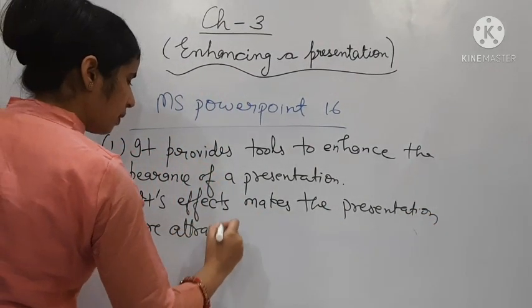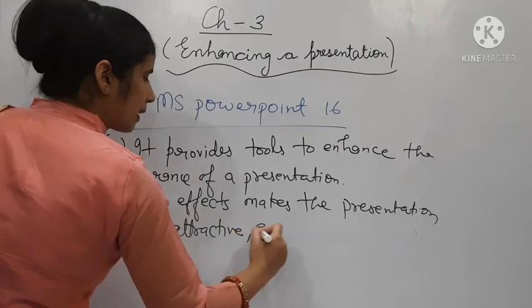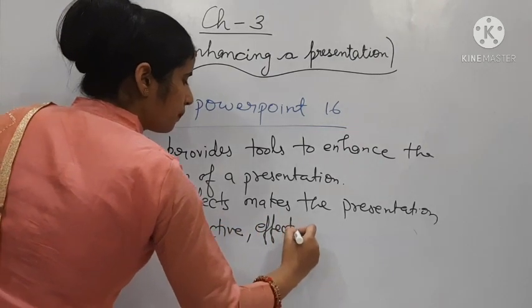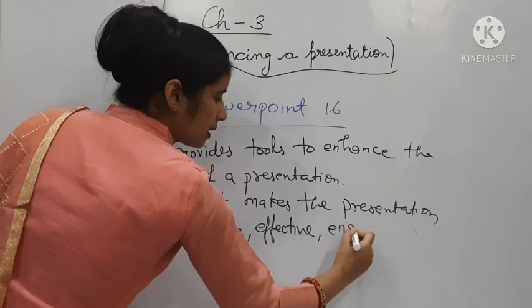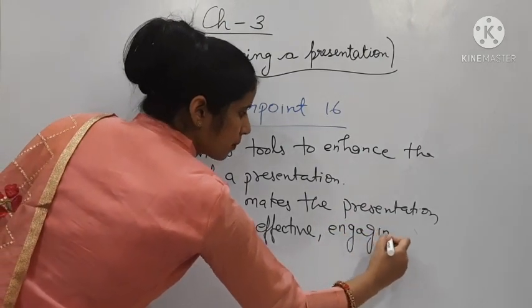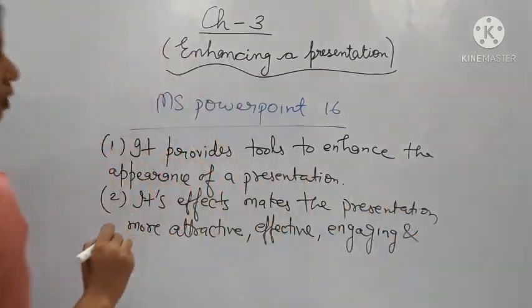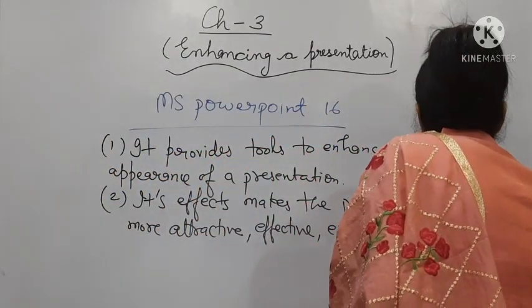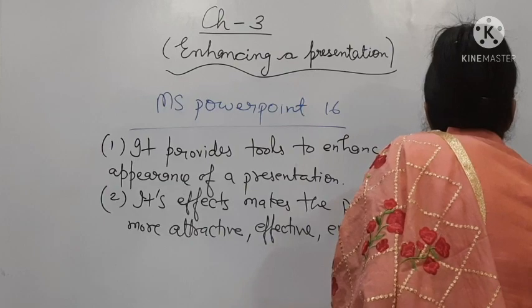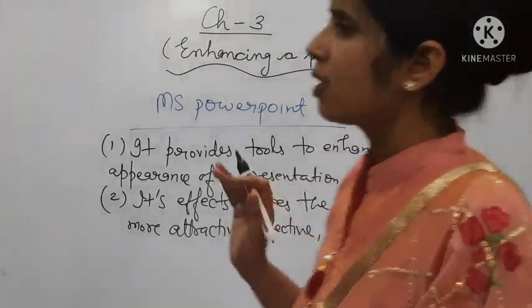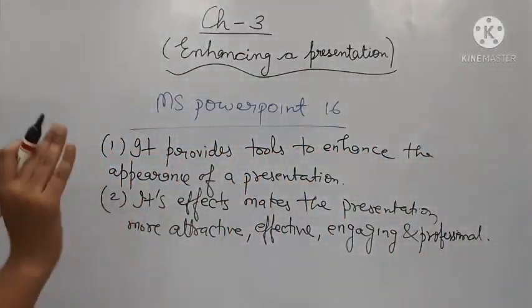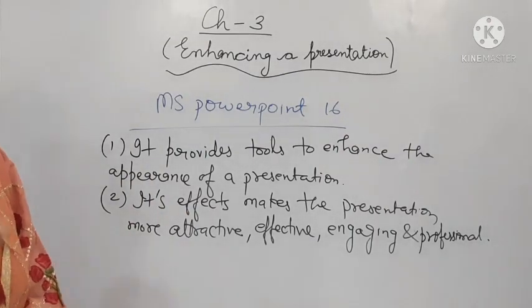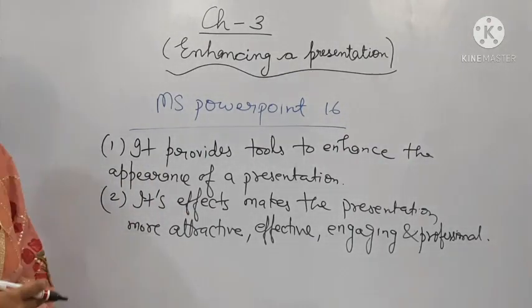The first term is attractive, second is effective, the third one is engaging, and the fourth one is professional. The fourth attribute is known as professional. So its effects make the presentation more attractive, effective, engaging, as well as professional.